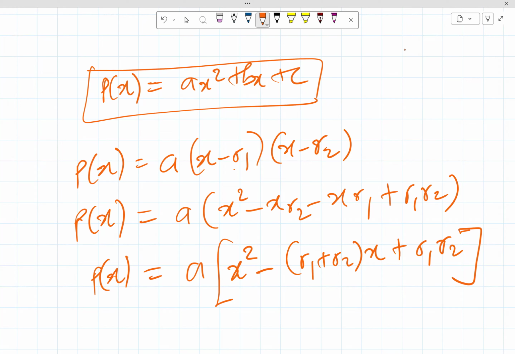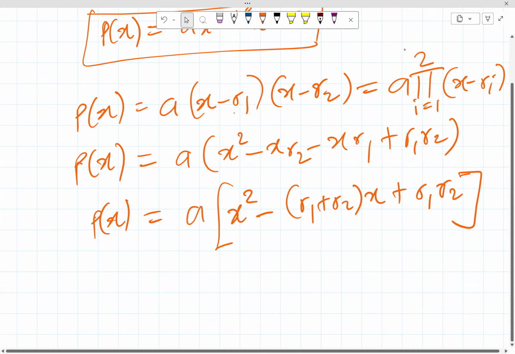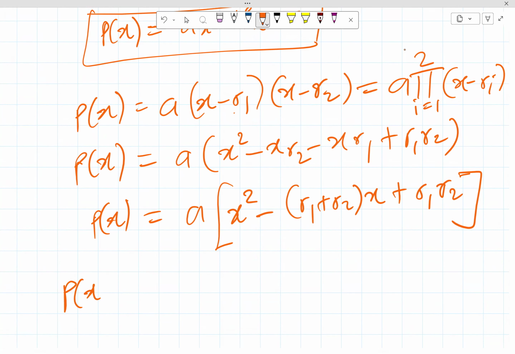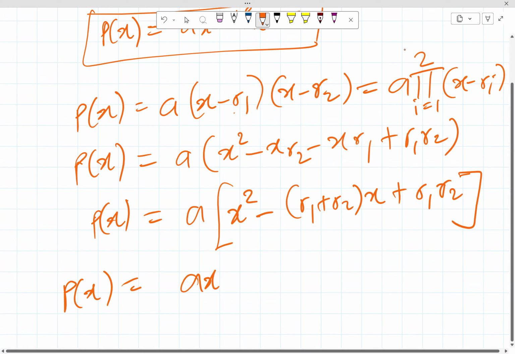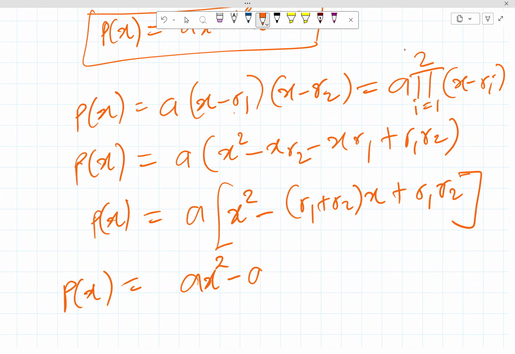This is the same thing as a times the product, that thing that looks like pi, from i equals 1 to 2 of x minus ri. So here we have p of x equal to ax squared minus a into (r1 plus r2)x plus a r1 r2.